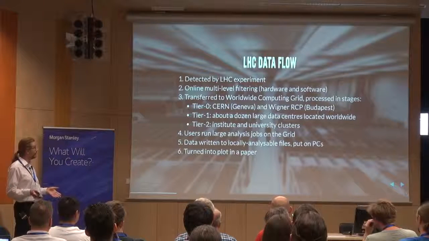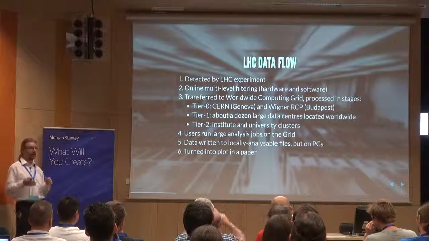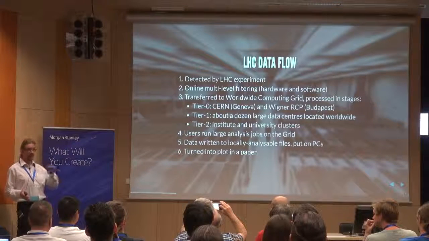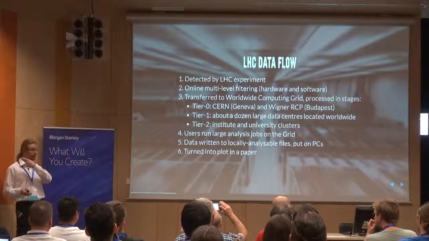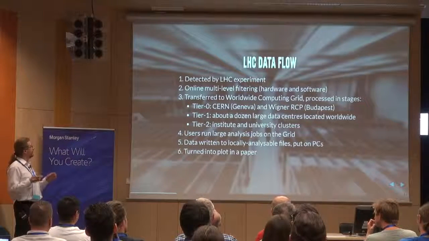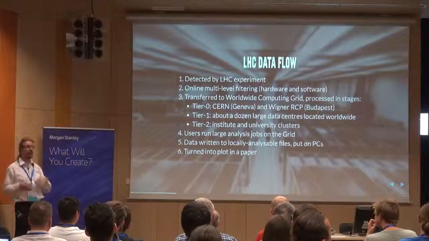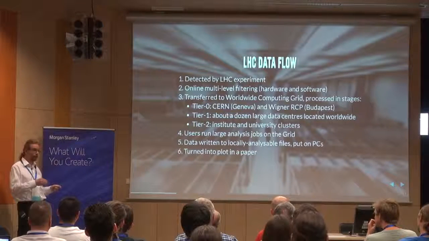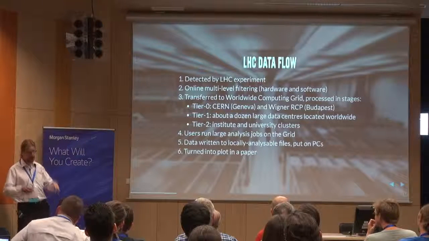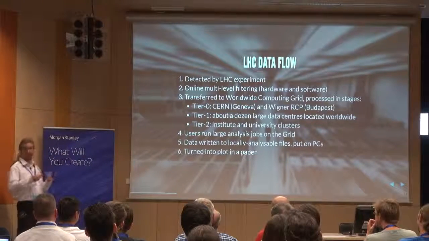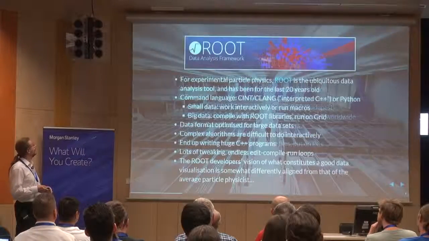This is then transferred to the computing grid. The top level of that, half of that is here in Budapest, just up in the Buda Hills. Then it goes to lower levels, and eventually users can send their analysis jobs to the grid where they run. They get back their results, and then they can turn these results into a plot on paper.